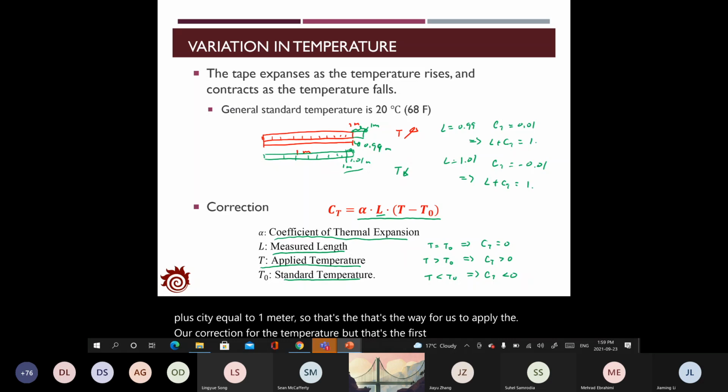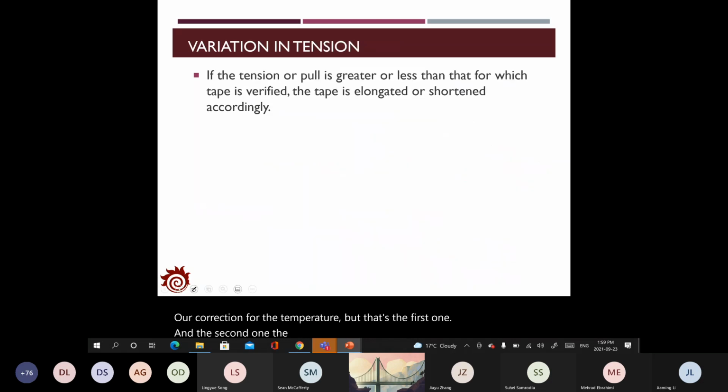And the second factor is the tension. I hope you have all already recorded the tension that you applied when you conducted the experiment this week. The impact of the tension is quite similar to the temperature.